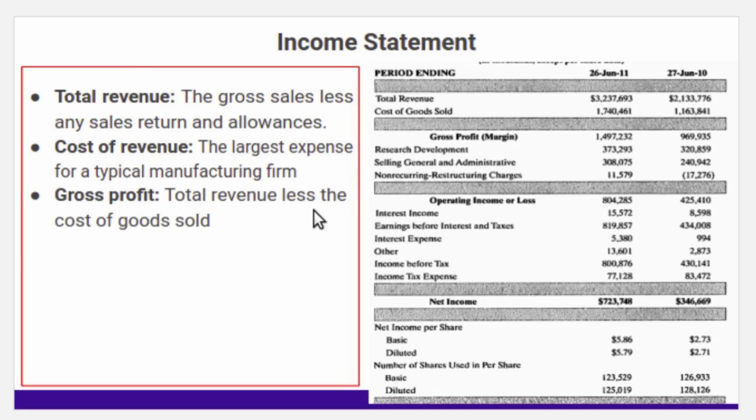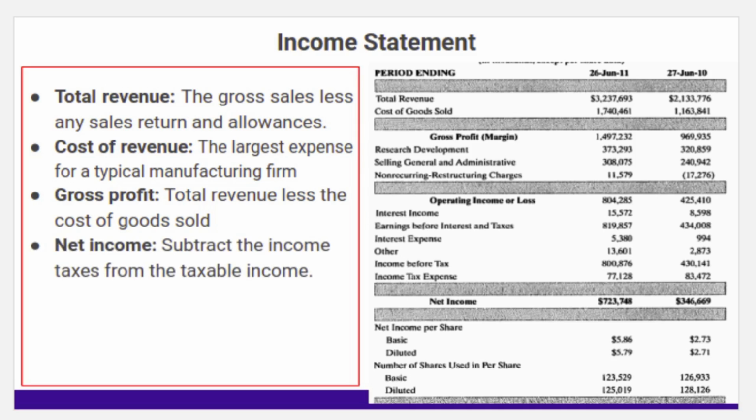Total revenue less the cost of goods sold indicates the gross profit margin. Finally, we determine the net income or net profit by subtracting the income tax from the taxable income. This net income is also commonly known as accounting income.